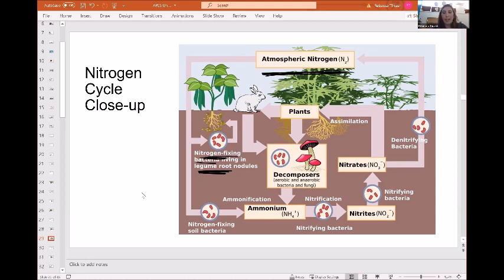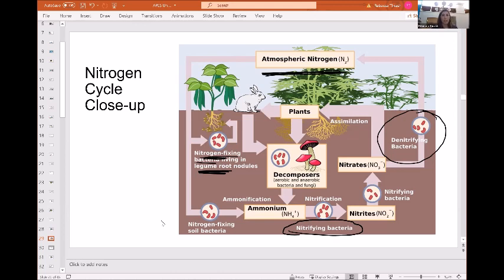Then you have things like nitrifying bacteria that take ammonium and make it into nitrates. You also have nitrites being turned into nitrates. And then you even have bacteria here that take these compounds and make atmospheric nitrogen out of them. So the thing that the nitrogen cycle biologically relies on are bacteria, microorganisms. Very important.